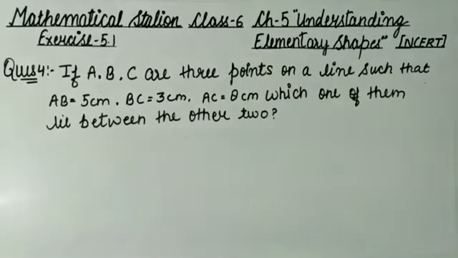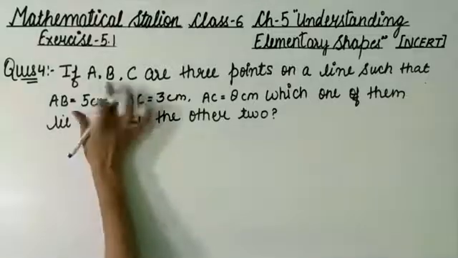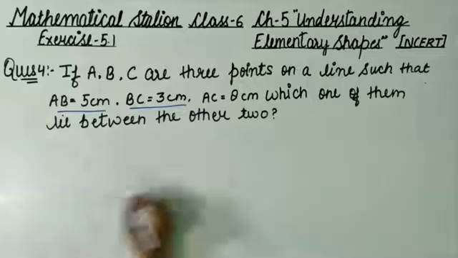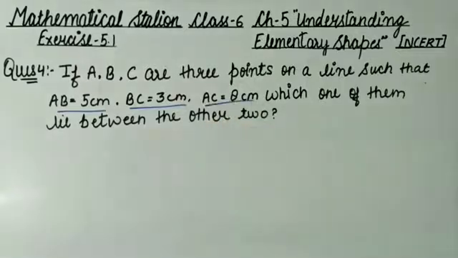Here 3 points A, B and C of one line are given to us. AB is 5 centimeter, BC equals 3 centimeter and AC is 8 centimeter. We need to answer which point will be in between the other two.